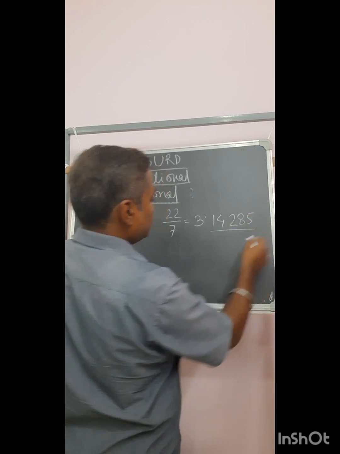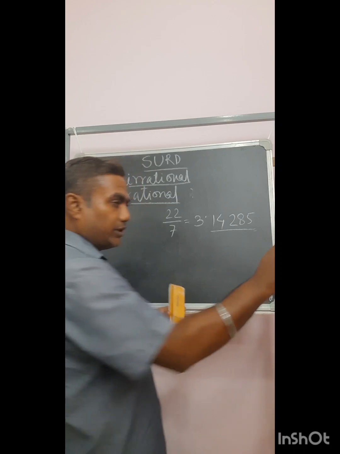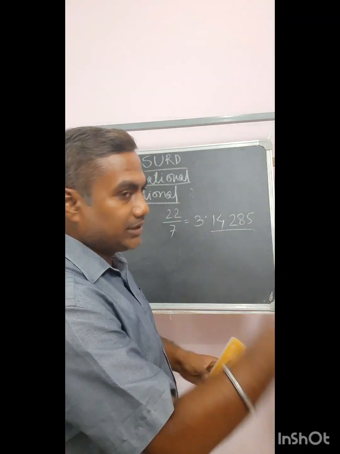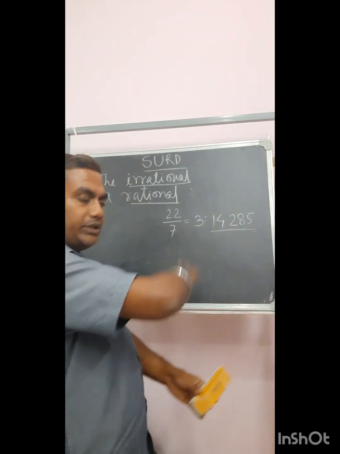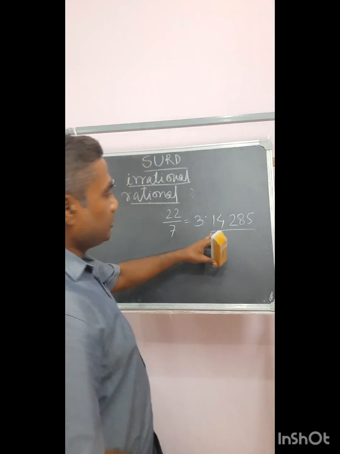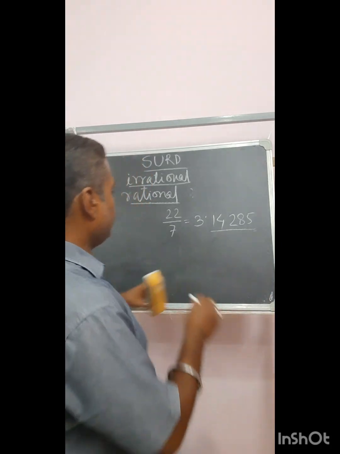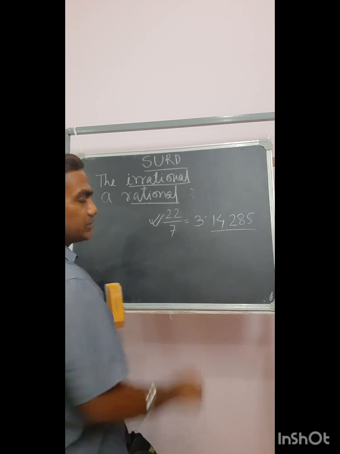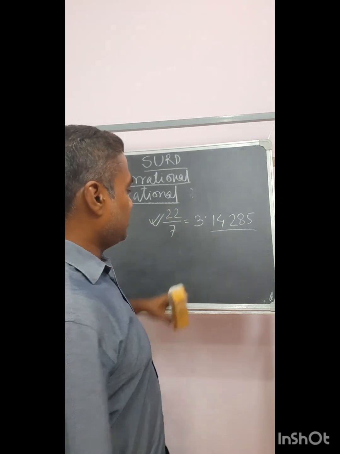Every number is changing, and it will be infinite. Nowhere will it come in a cycle, that after some time it will repeat again in the same way. So it won't go like that. So this kind of number also comes under the irrational numbers.